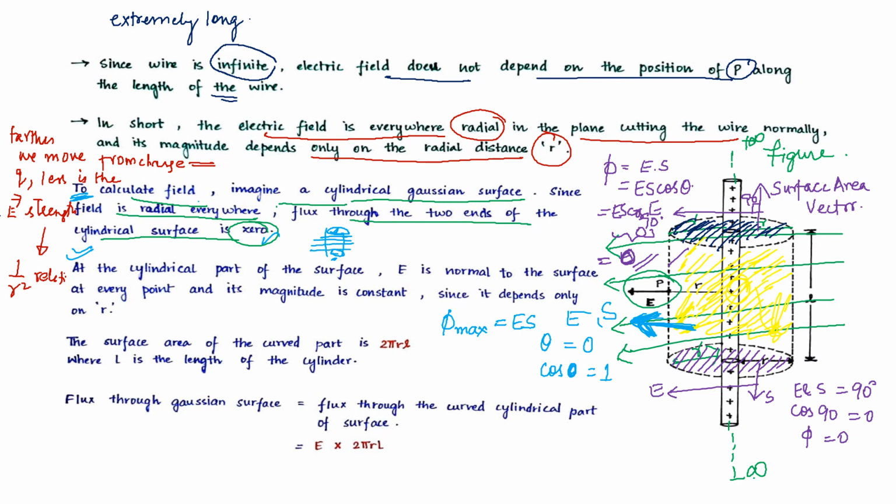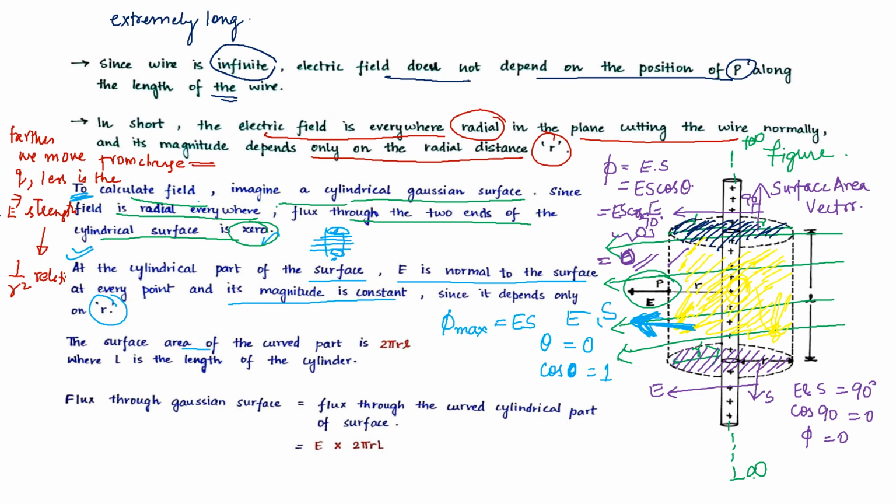At the cylindrical part of the surface, E is normal to the surface at every point and its magnitude is constant since it depends only on r. E depends only upon r, the radius of the Gaussian cylindrical surface.